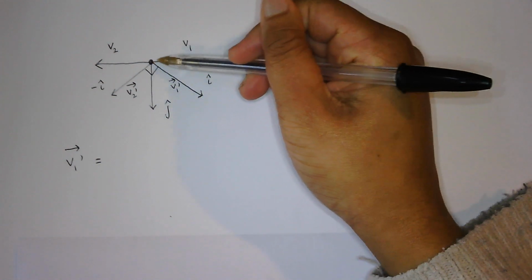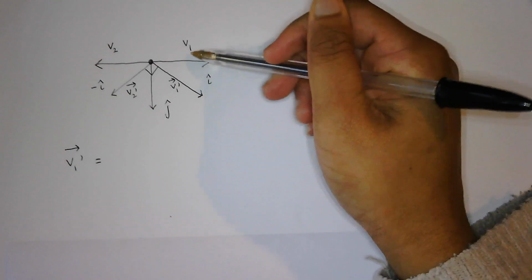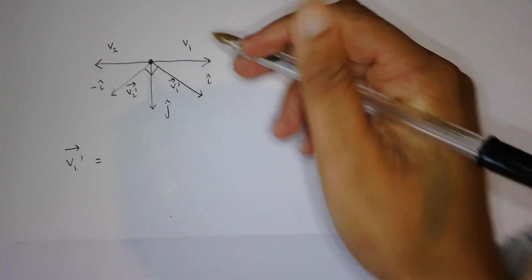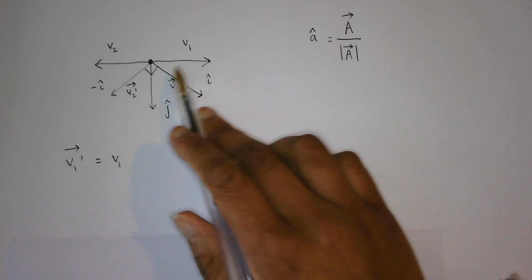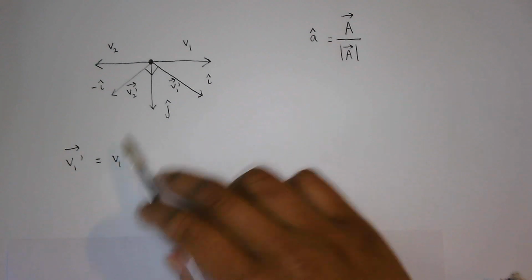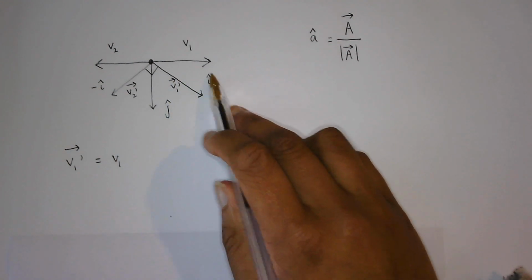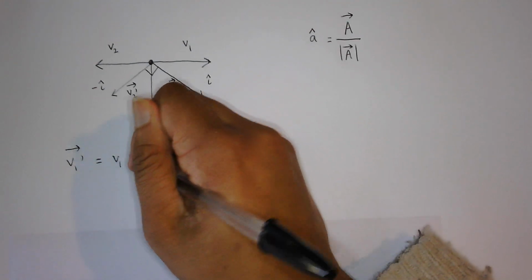So we know that its horizontal component hasn't changed over the course of the problem, and it's going to have stayed as v1. But because we're writing it in vector form, we need to turn this into a vector, and to do that we can just multiply it by the unit vector i, because it's in the positive i direction. So we'll say it's v1 i.